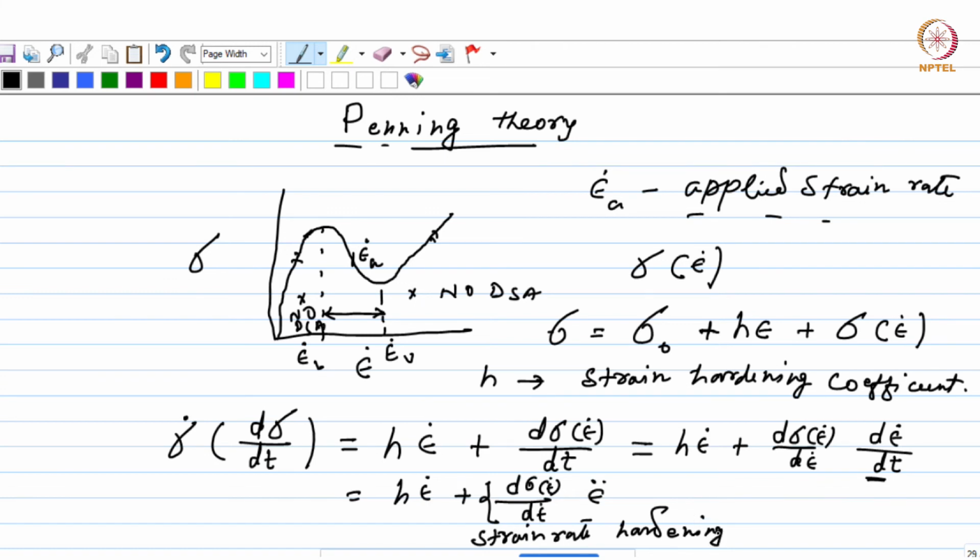Okay, and now let us come back to this particular diagram and see what is going to happen if you suddenly change the strain rate from one particular value to another.